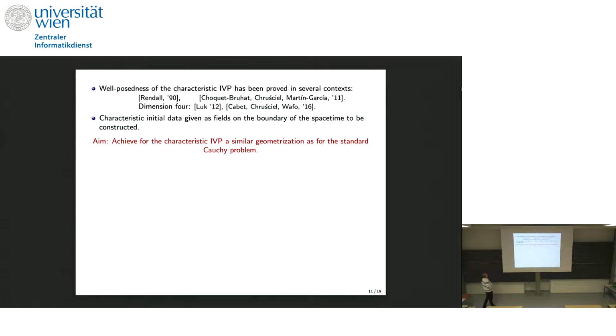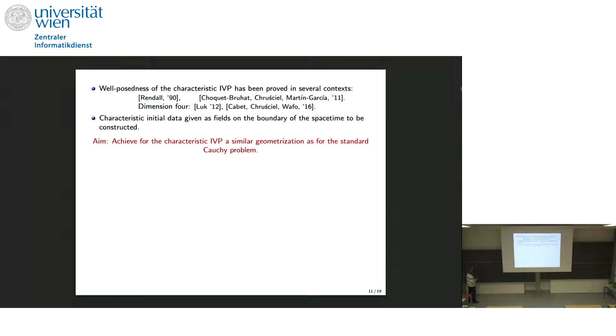So the well-posedness of this characteristic initial value problem has been proved in several contexts. The basic result is by Alan Rendall in 1990. And he showed that given data on two null hypersurfaces that intersect transversally, with data appropriately given, there is a space-time that realizes this data.